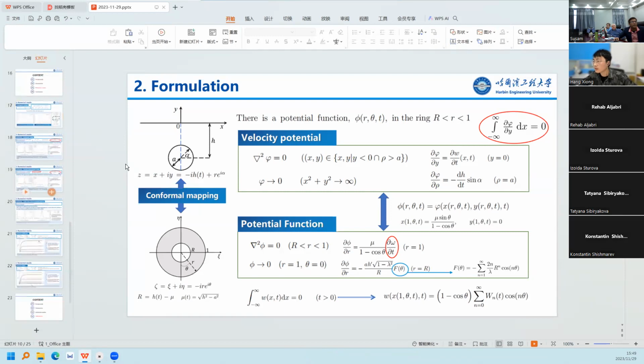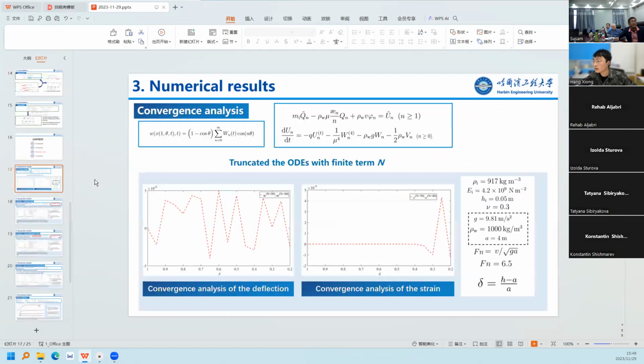Go to 18, probably. Yes, here, 17. How do you find that convergence result? Here we can see only one picture, the red line for n equals 50.